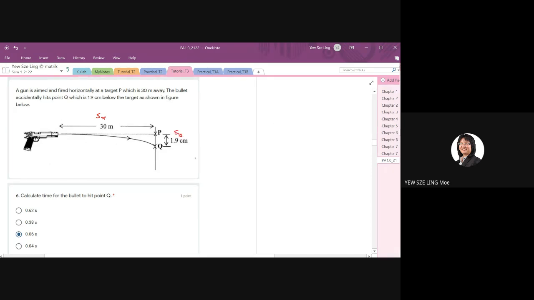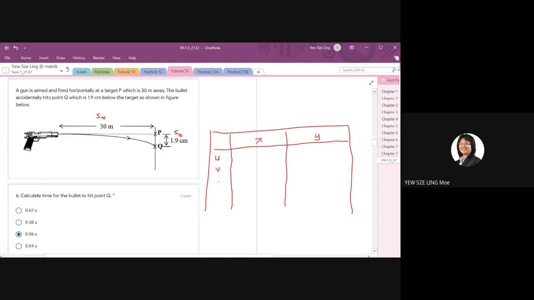When it comes to projectile motion questions, it is always a good idea to make a table, where we can keep all of the information in a neat way. So this is your X, this is your Y, U, V, A, S, T. Now, this type of projectile motion is what we call horizontal projectile motion.